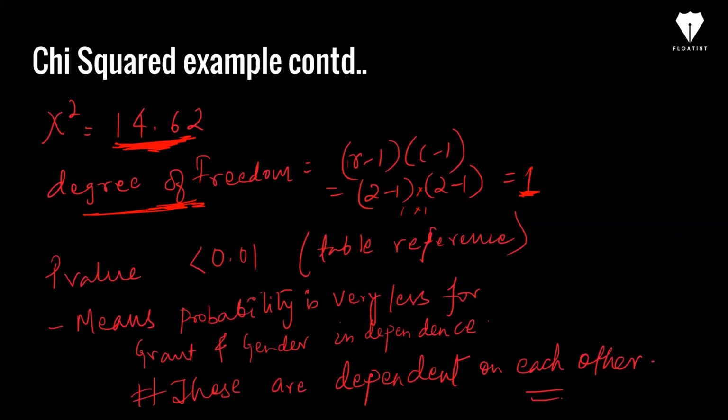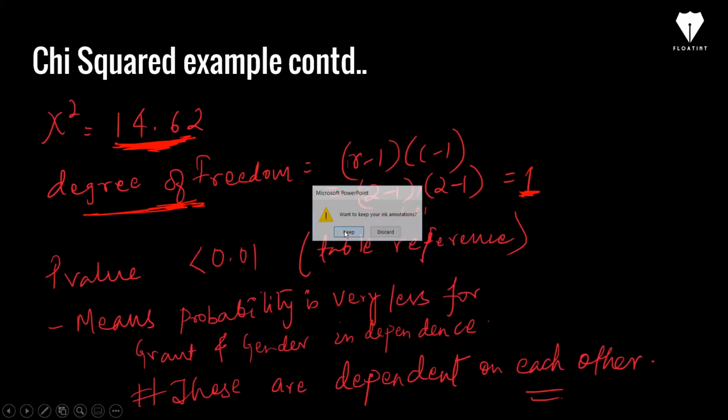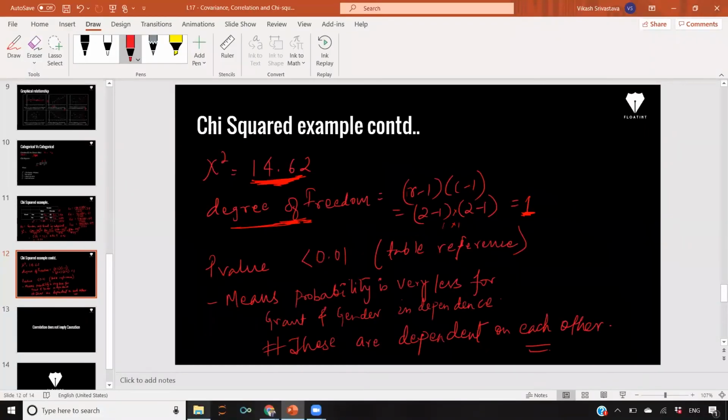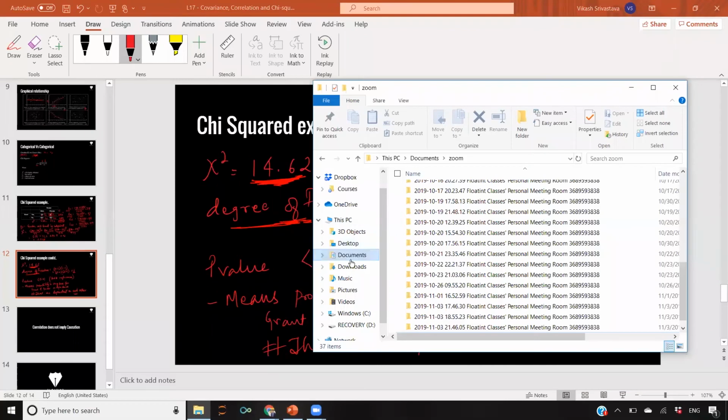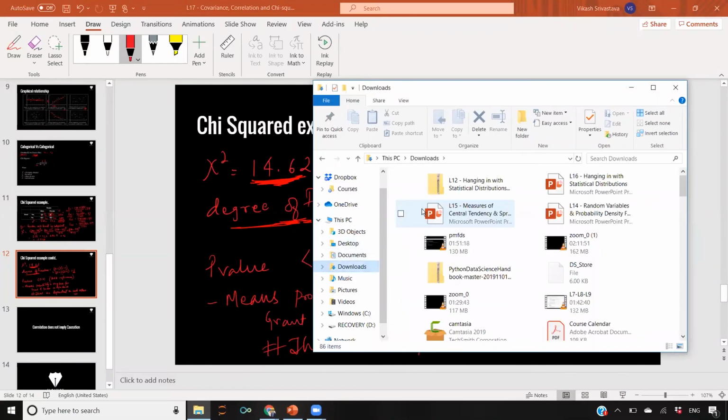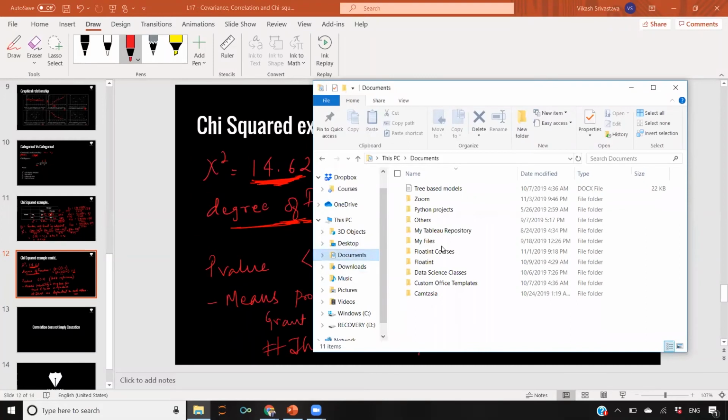So how do we do that? For saying that, we have to look at the chi-square table. Let me open it here.